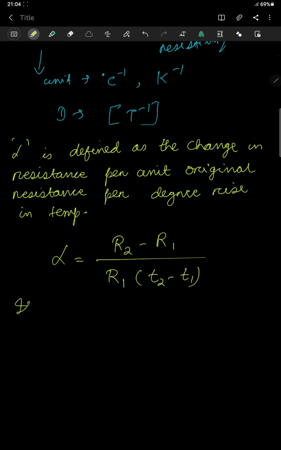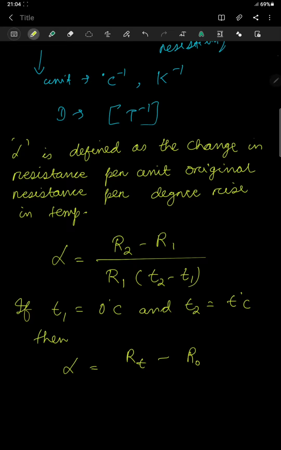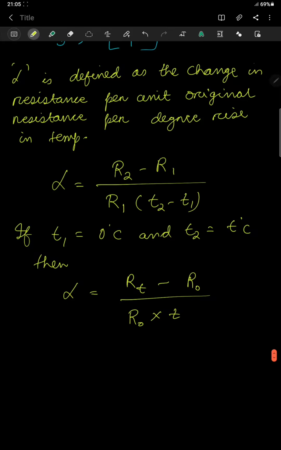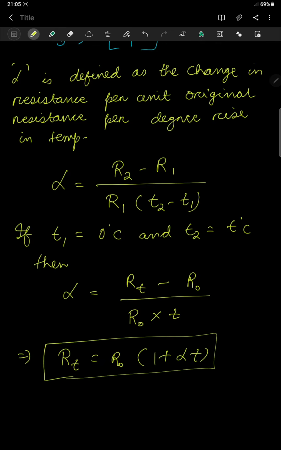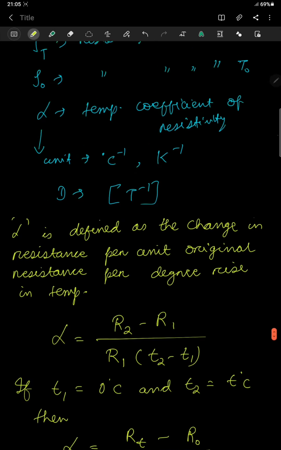Okay. Now if my T1 is equal to 0 degree Celsius and T2 is equal to T degree Celsius, then alpha is equal to, I have to substitute, RT, meaning resistance at temperature T degree Celsius, minus R0, meaning resistance at 0 degree Celsius, divided by R0 into T. So if I expand this, my RT value will be R0 into 1 plus alpha T, which is of the same form as that of the resistivity that we have got.